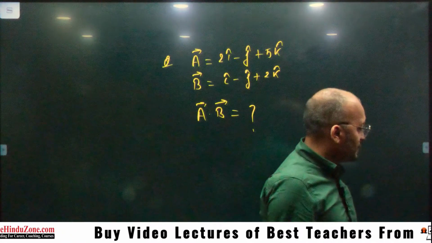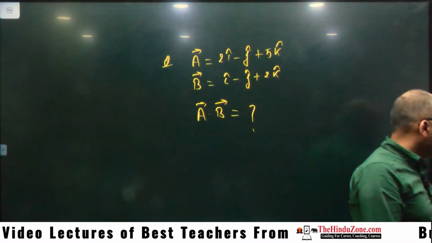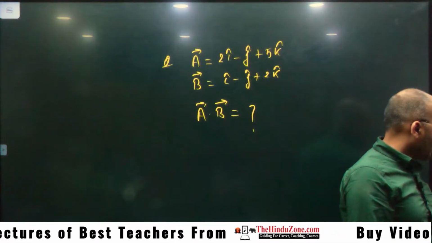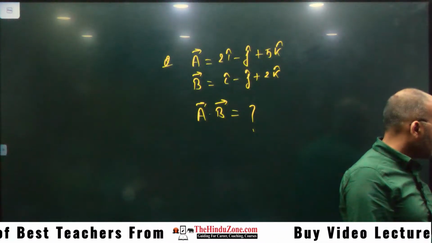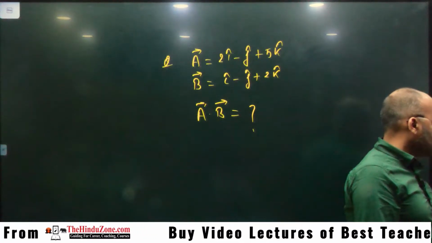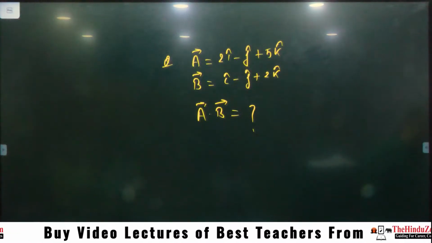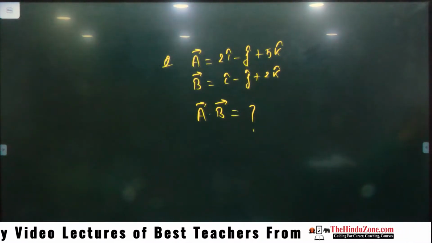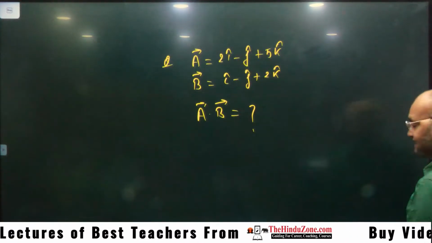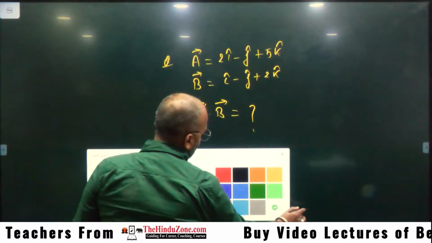Gayatri, you are new to the batch? Have you joined the batch or is it a demo? What is it? 2 into 1 plus minus 1 plus 5. Gayatri, please respond. Yeah, you have raised the hand. Now you can open the mic and speak, or you can type. Sir, yes, 13 is the answer. So 13. Okay, I am doing it. Please see.